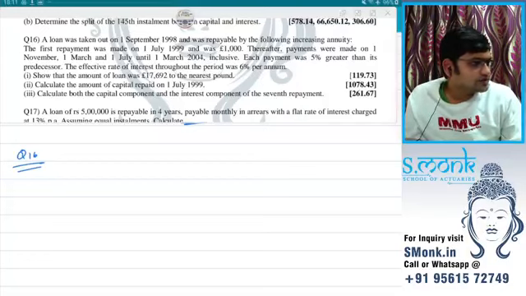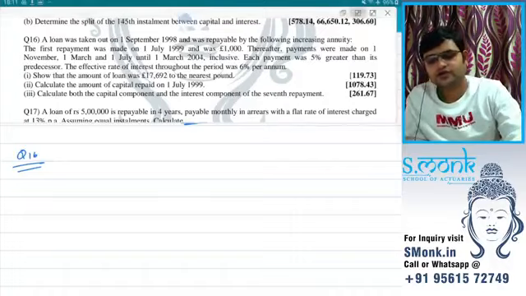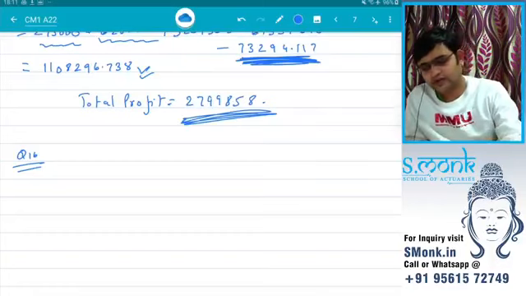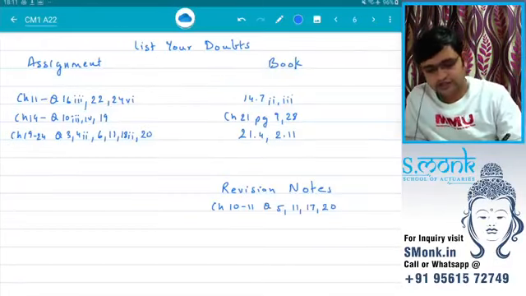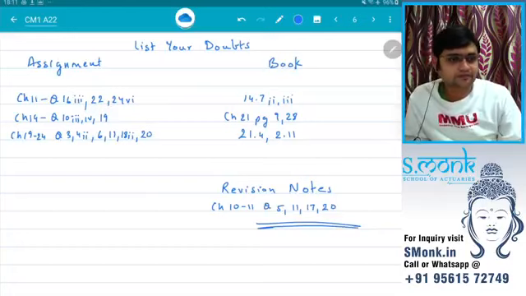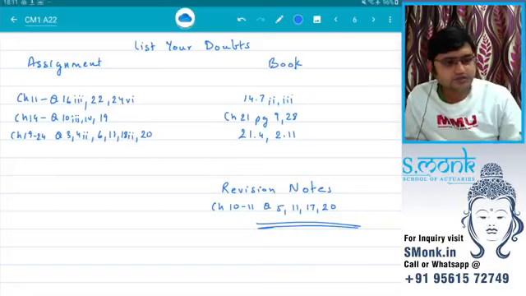okay, Divya, you're saying the revision notes doubts are from chapter 12. Okay, but there you wrote chapter 10 and 11, I guess. Anyways, okay. I don't think we'll be able to cover these many doubts, and I will cover always the revision note doubts at the end. Okay. You wrote booklet 3, chapter 11, 12.